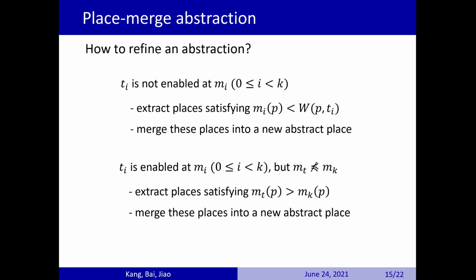The second case: when each Ti is enabled at Mi but the final relation does not hold, similarly, there must exist some places such that MT(p) is greater than Mk(p). We also extract these places and merge them into a new abstract place.